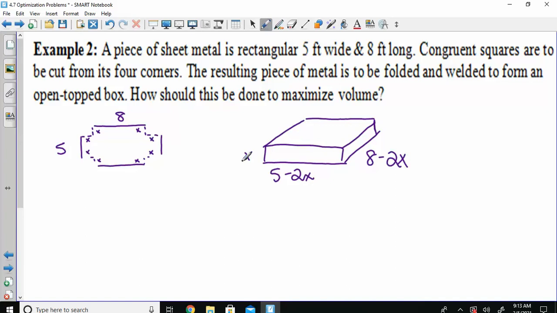I want to maximize volume. How do you find volume of a box? Mm-hmm. So that would be x times 5 minus 2x times 8 minus 2x.